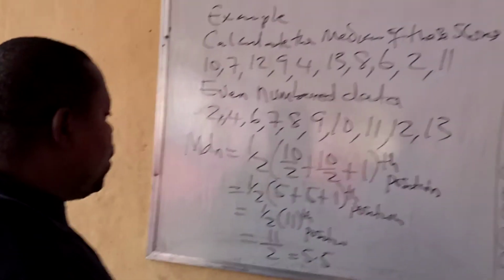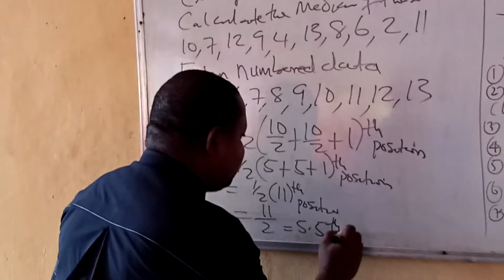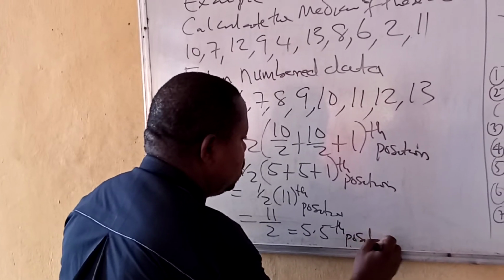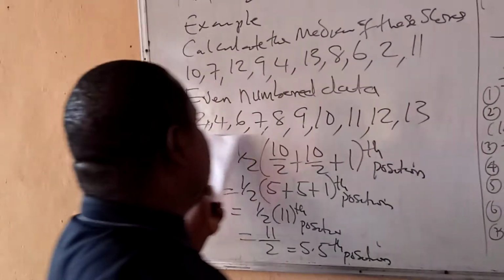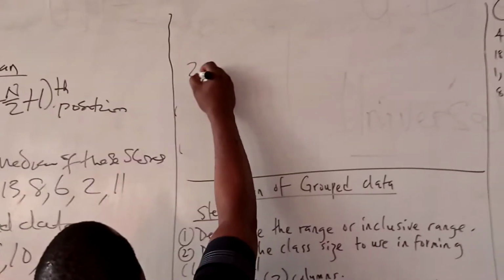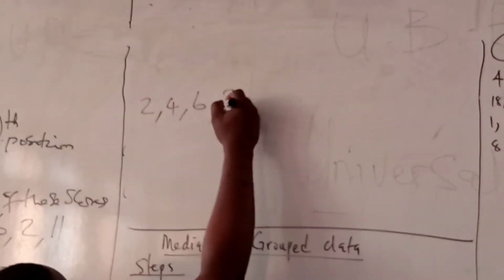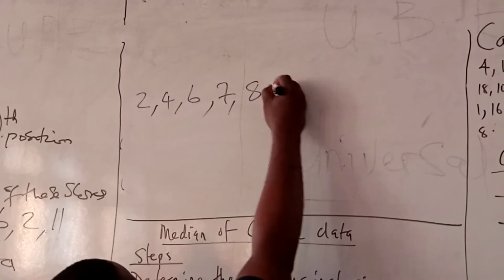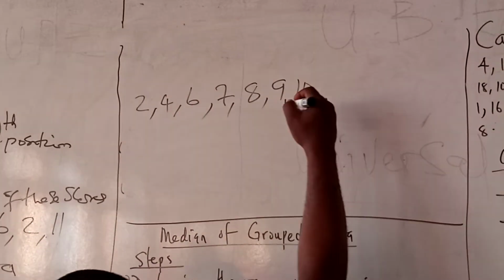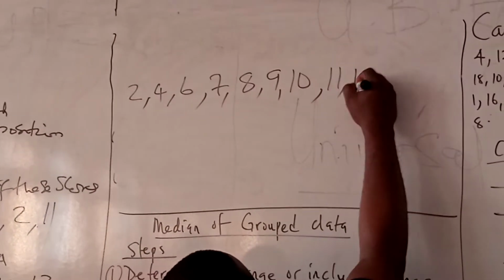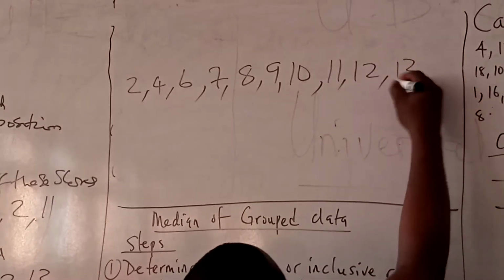And so this 5.5 position, you now bring down the scores again: 2, 4, 6, 7, 8, 9, 10, 11, 12, 13.